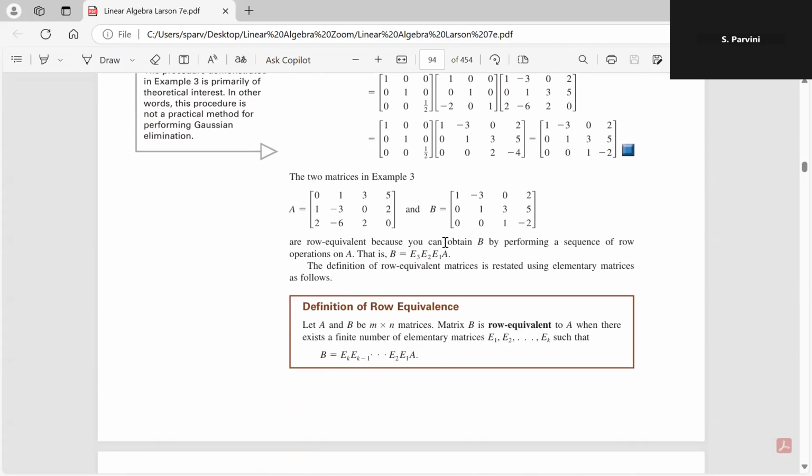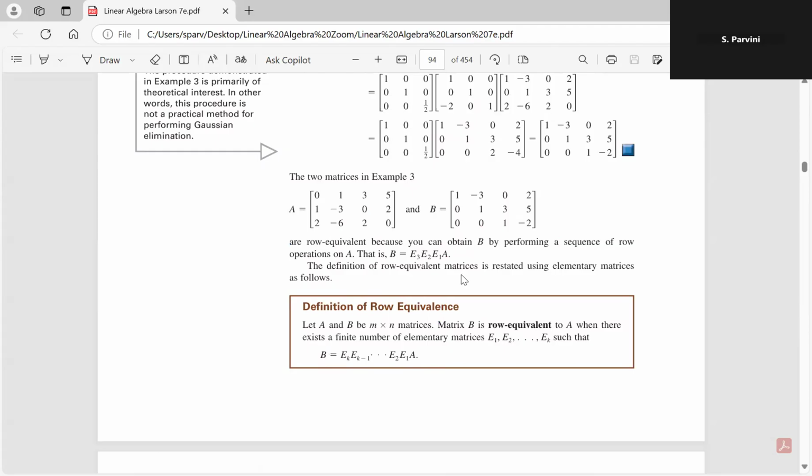Okay. And now he's defining the row equivalence here using elementary matrices. So remember, B is row equivalent to A. So this definition says, suppose we have two matrices.